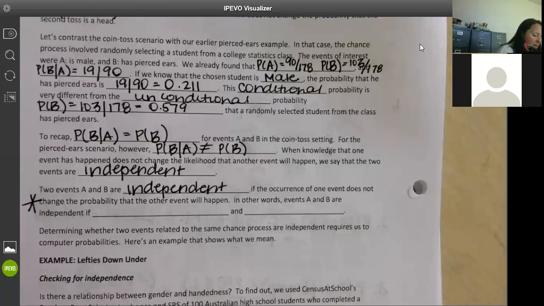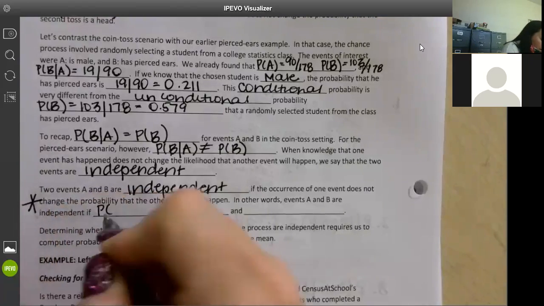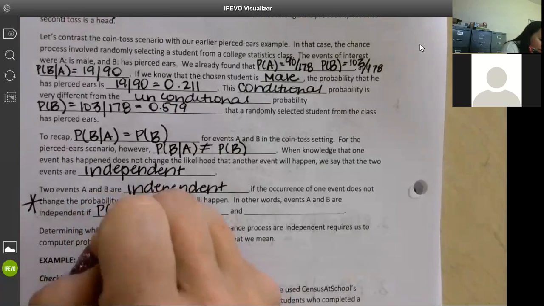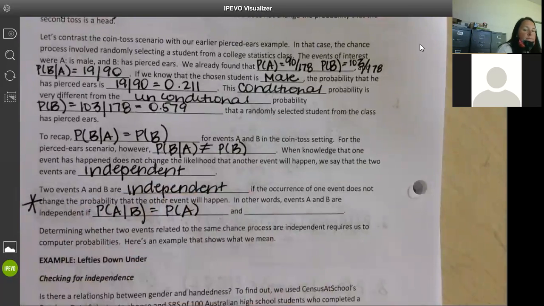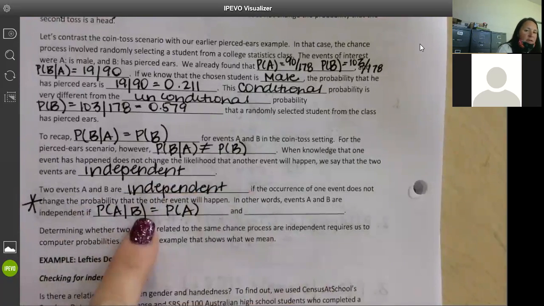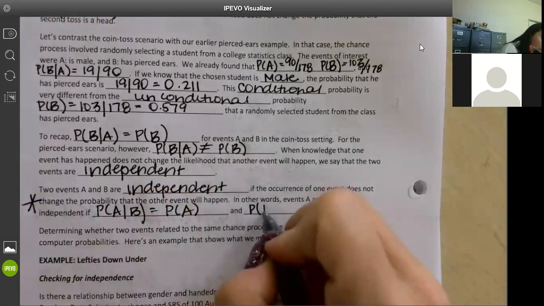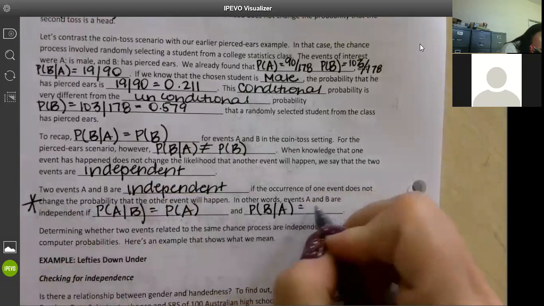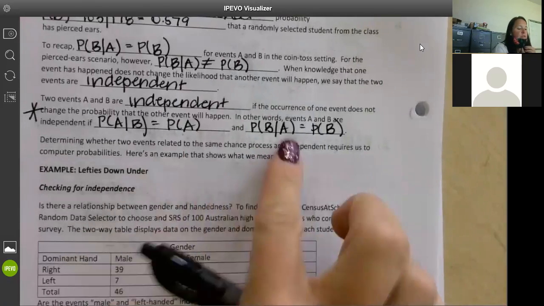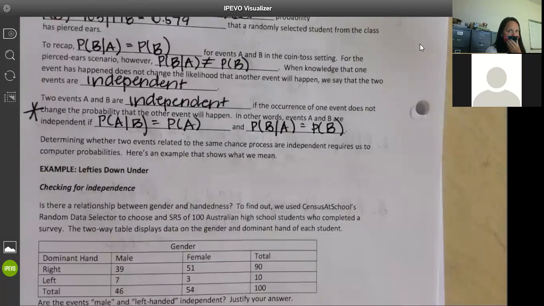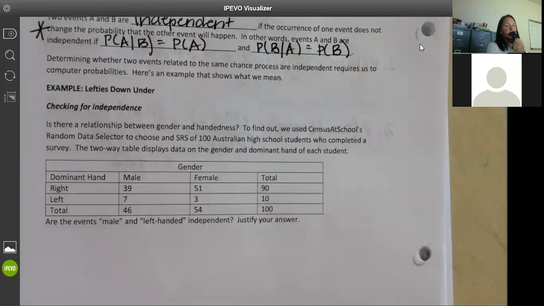In other words, events A and B are independent if the probability of A given B is the same as the probability of A. So look at this one more time: A given B is the same as A. If you're doing it the other way around, the probability of B given A, then it should be equal to the probability of B. So those are your two formulas you need to have. Honestly, it doesn't matter which one you use, okay? One or the other.